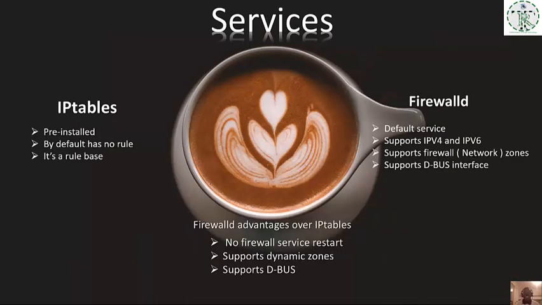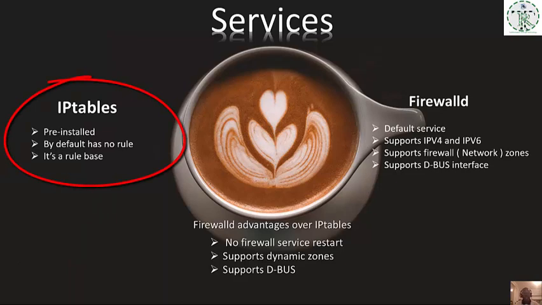NetFilter must be managed. By default in a Red Hat environment, NetFilter is just like a kid when it's been installed. It doesn't know what to do. It's just sitting there. And then we have services that can be used to manage NetFilter in a Linux environment. These services are IP tables and Firewalld. I'll first of all talk about IP tables.